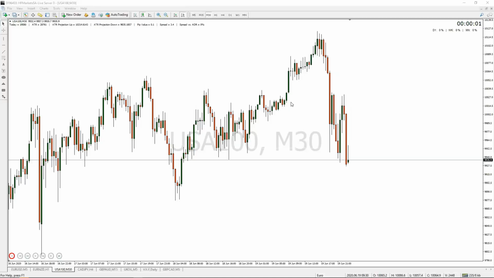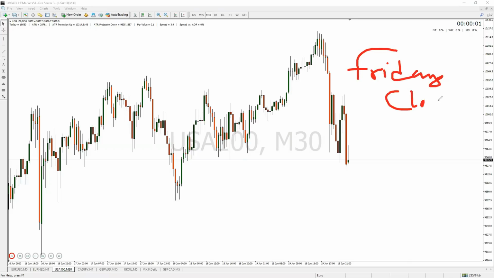Let's quickly talk about gaps, right? Particularly Monday gaps. So with Monday gaps, without wasting any time, we are looking at the Friday close and the Monday open, or the Sunday open, depending on when your broker opens.